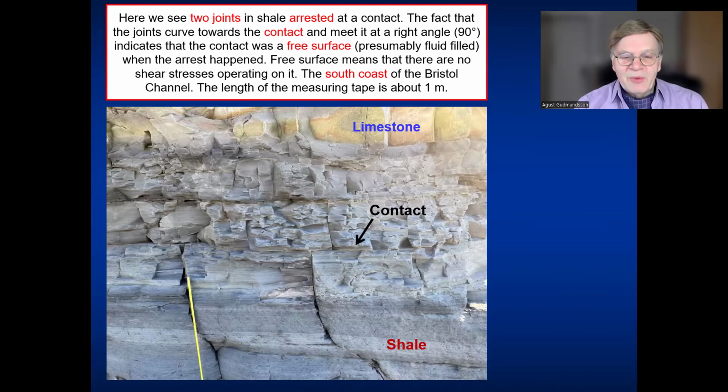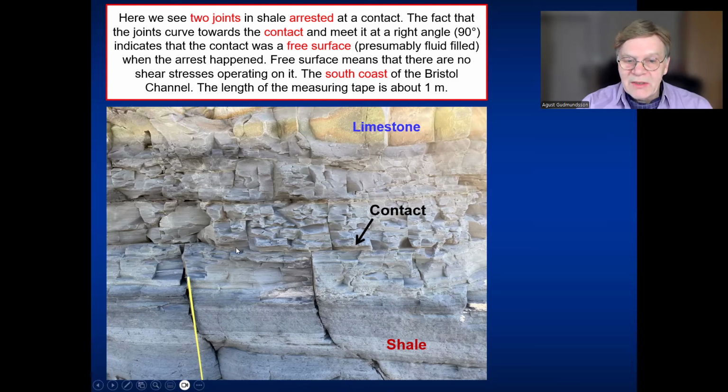Here are other examples, except in this case, because we are dealing with the south coast where the soft rocks are really shales. So they are laminated and there are contacts inside the shale layers themselves. So here's limestone. All this here is shale. And these two joints end inside the shale layer.